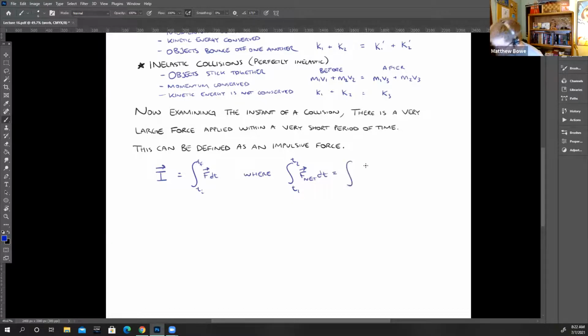We saw this was just the change of momentum over a small sliver of time, which ultimately turns out to be just a difference of momentums.